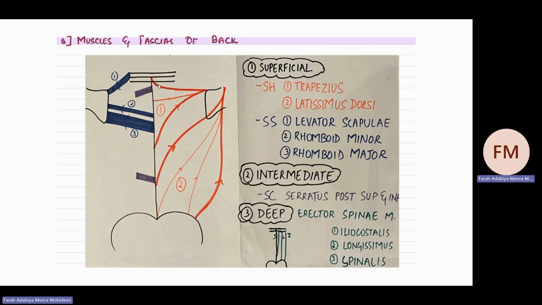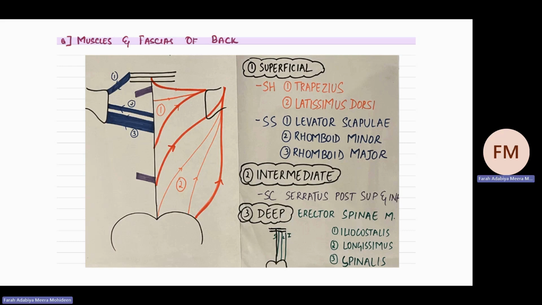Now there are three fibers here in the trapezius. You have the descending fibers, the transverse fibers, and the ascending fibers, right? Now, the functions are also according to the direction of the fibers. When the descending fibers, or the upper fibers, contract, they will elevate your scapula.